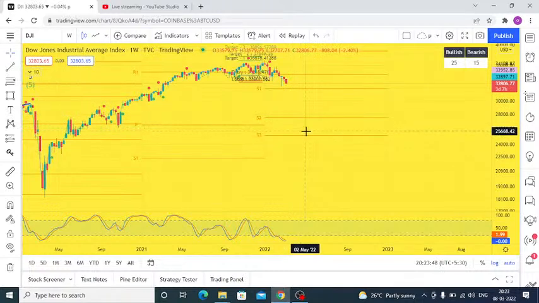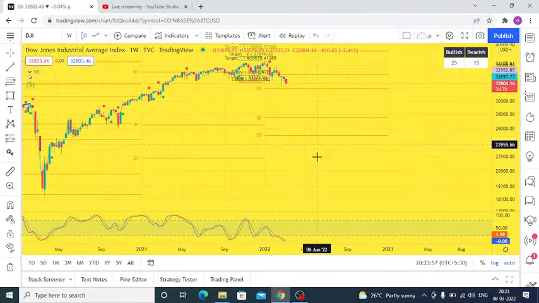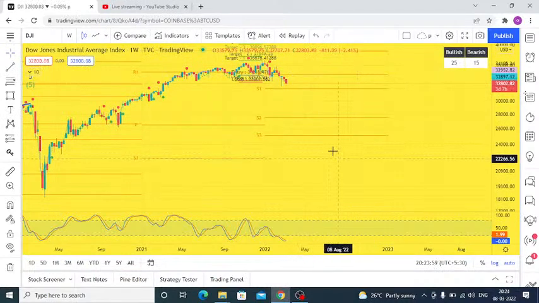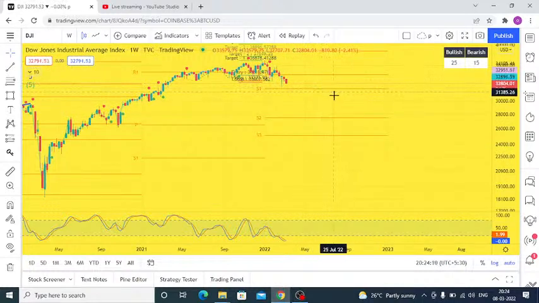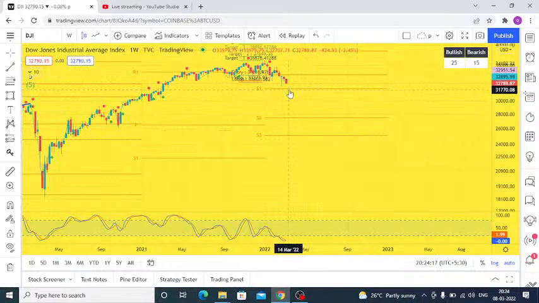It may bleed, and then it may bleed to 25,000 also. 22,000 may be the last thing, but it is not now. It will be like the September range. It may come here, go sideways, come here, go upside, go till here, and then again a massive downside. But for now, if it breaks support one, the markets will go very haywire.